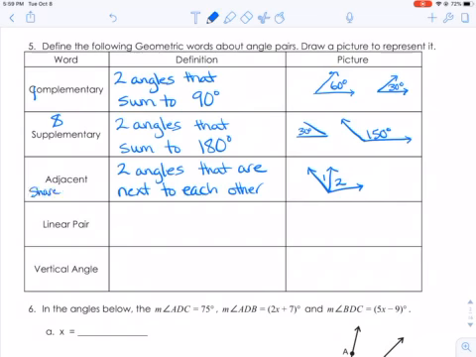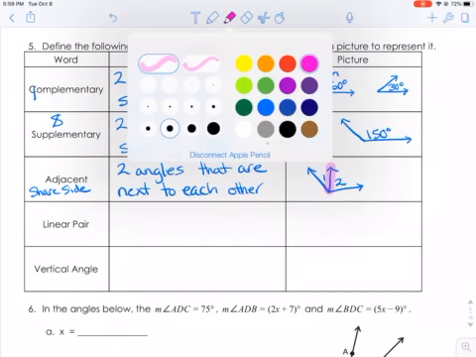Adjacent just meaning right next to. They share a side. So angle 1 and angle 2 are adjacent. They share this side right here. Okay, that's their overlap.